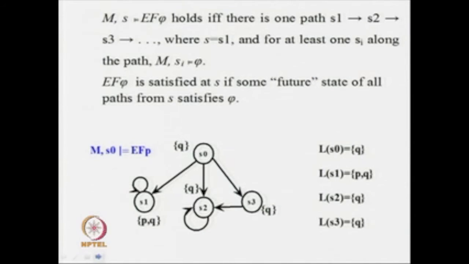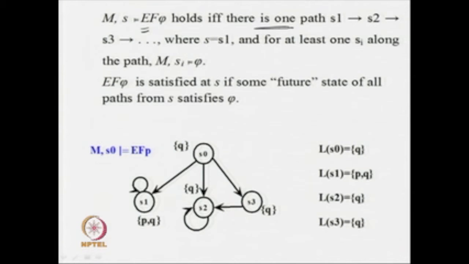Now, the next formula is again with the future operator, but with the path quantifier E. That means there exists a path in which eventually phi holds. It is similar to the previous one, but we are concerned with any one path. We are not looking at all the paths, but if it is true in any one path, then we say that EF phi is true.